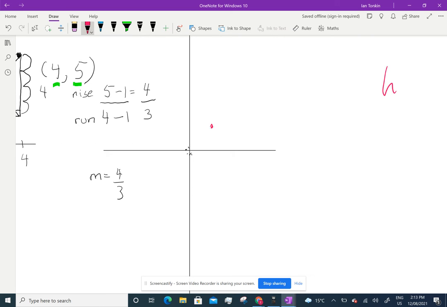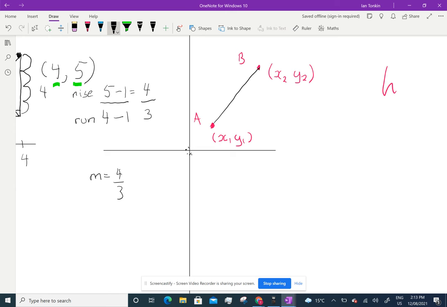Right. Let's say my points were not any numbers, but x1 and y1. And up here, they were x2 and y2. And we'll call this point A, we'll call this point B, and we're trying to find the gradient. Well, what did we do last time?